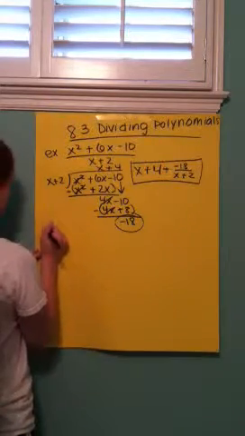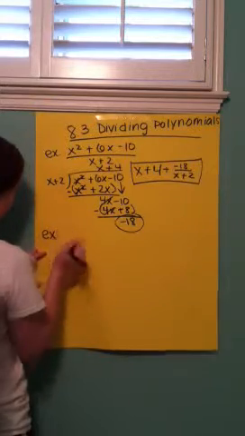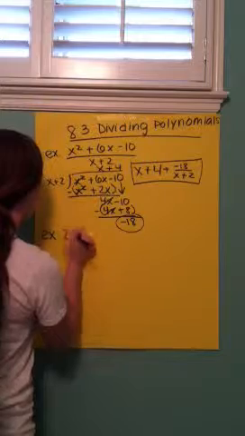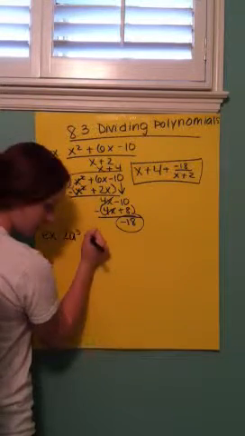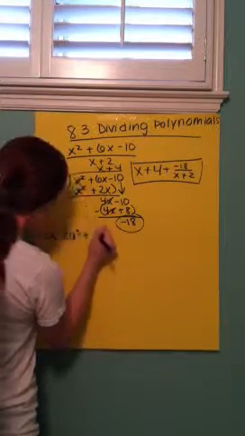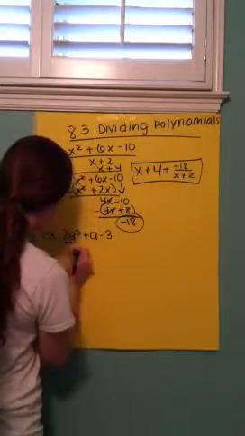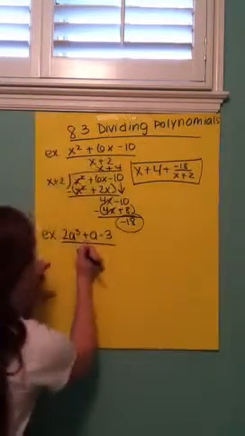For the second example, the example will be 2a cubed plus a minus 3 over a plus 2.